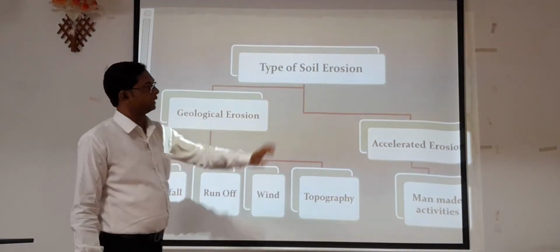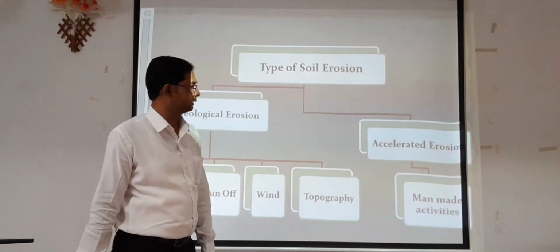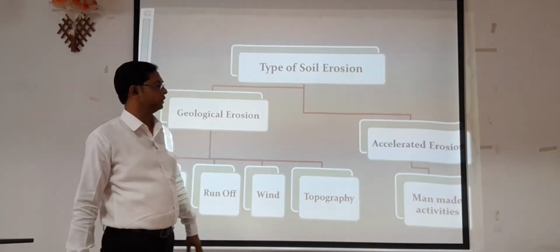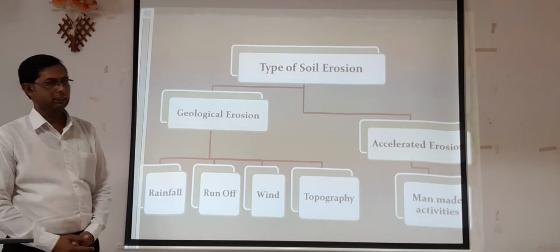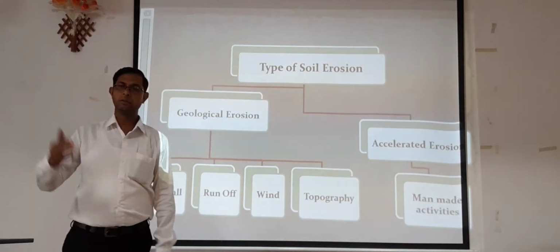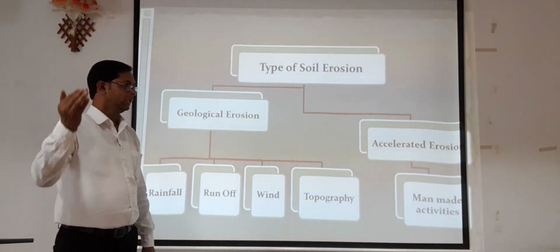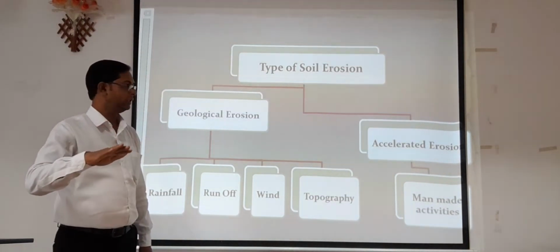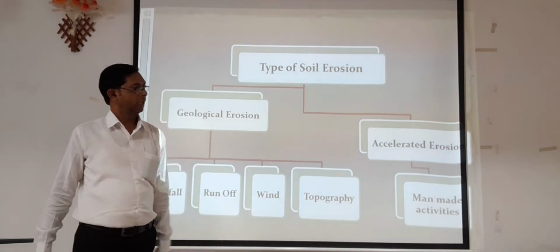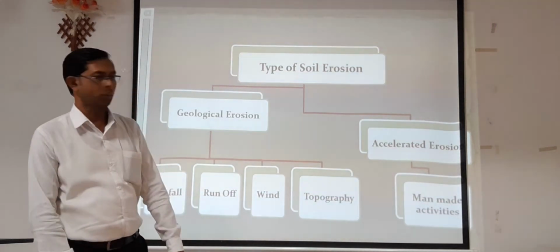On the other hand, you can see accelerated erosion. Accelerated erosion includes man-made activities. For example, when we visit a hill station, the hill station will change its structure by the activity of humans.